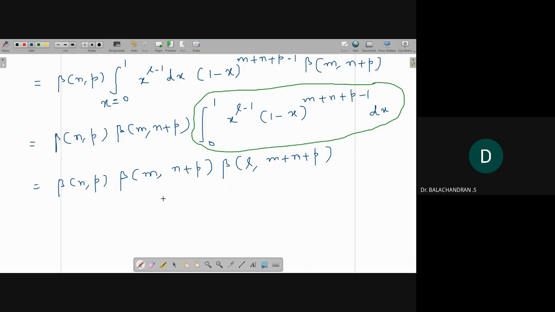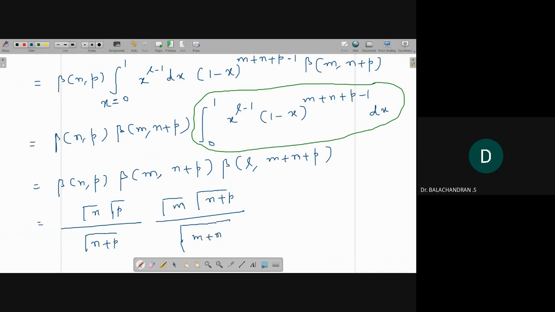Now you can use the relationship between the beta and gamma functions: gamma of n into gamma of p by gamma of n plus p, and then gamma of m into gamma of n plus p by gamma of m plus n plus p, and gamma of l into gamma of m plus n plus p by gamma of l plus m plus n plus p.